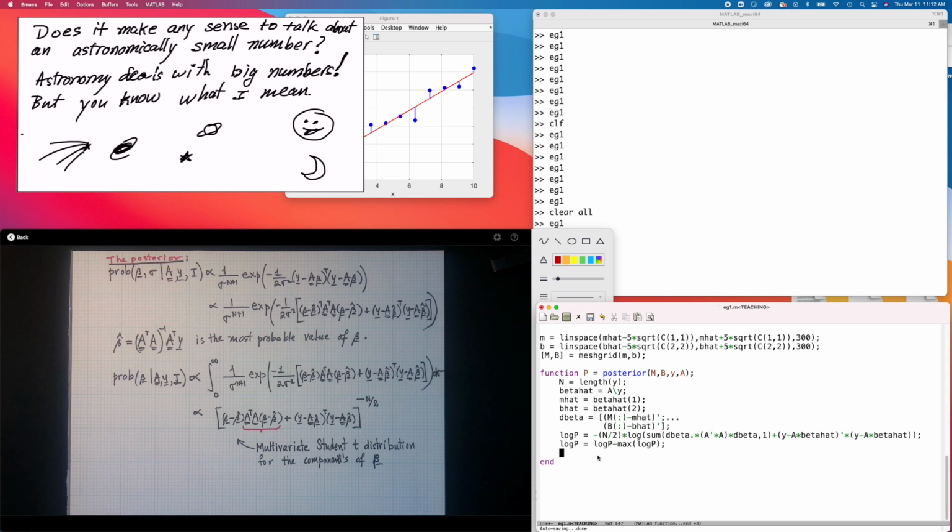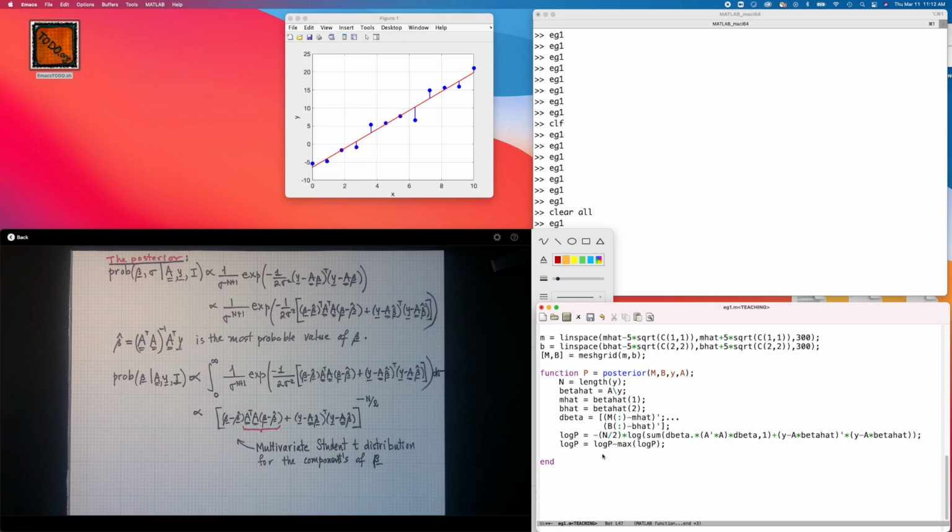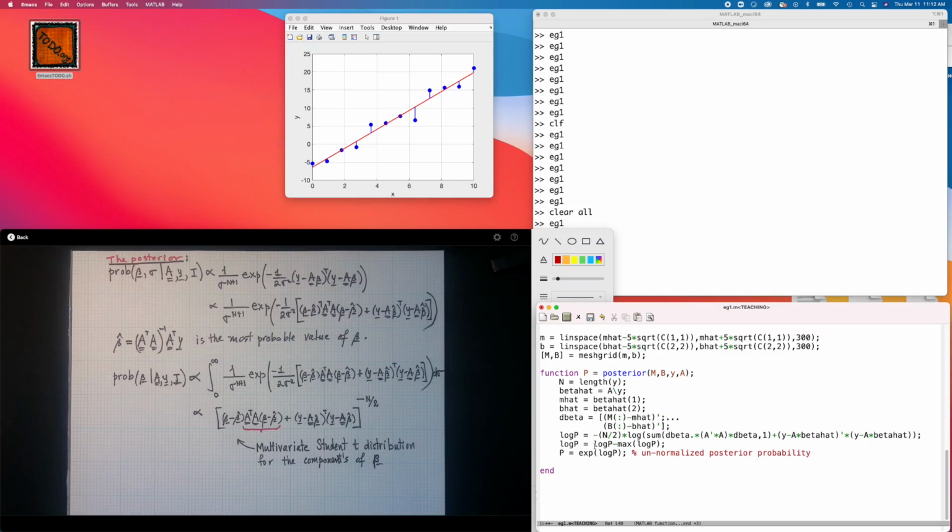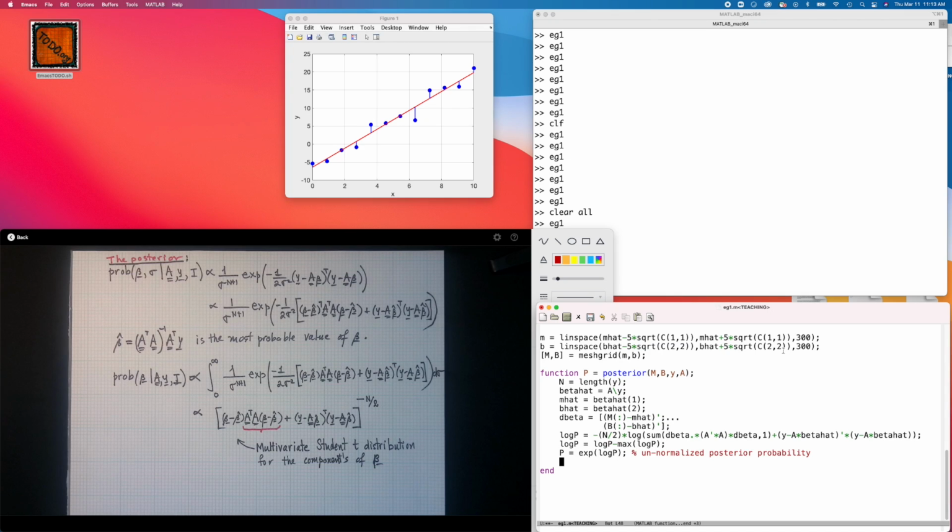Okay, from this, now we want to compute the probability. And now to normalize it, what we have to do is integrate all the probability under the mesh. So that's why we need to make sure that we have a broad enough range of points that there's not much probability out in the tails, so that when we integrate, we can get an accurate estimate of the amount of probability to normalize.